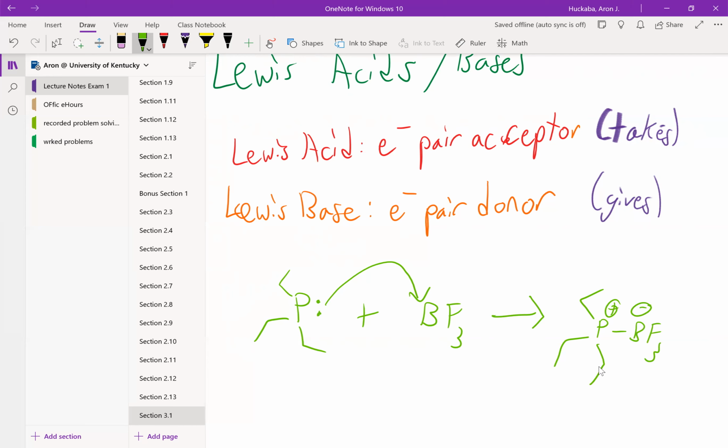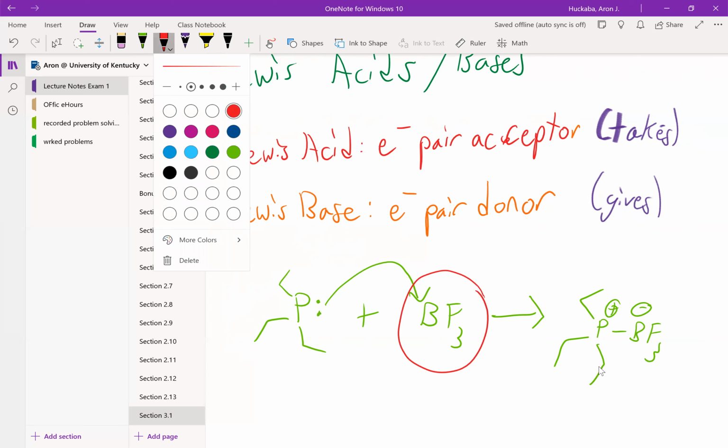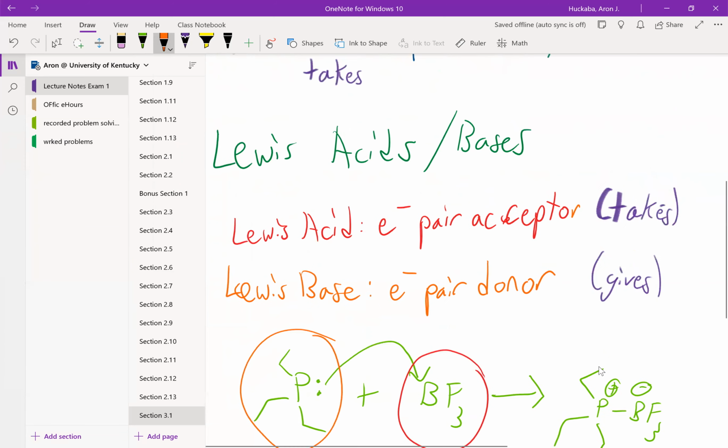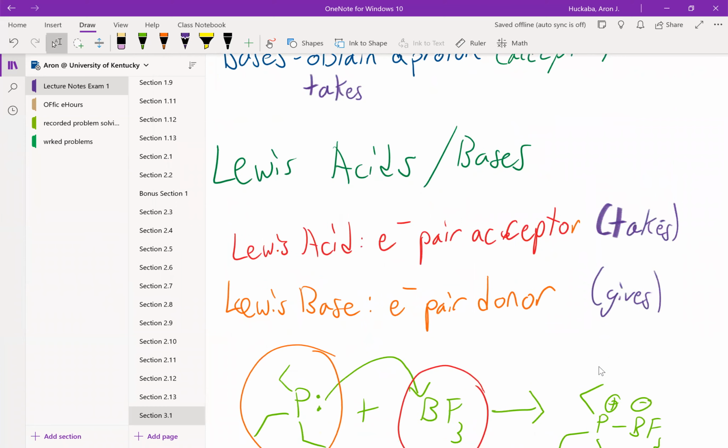So here, the Lewis acid is the BF3, and the Lewis base is the phosphorus. So this has been section 3.1.